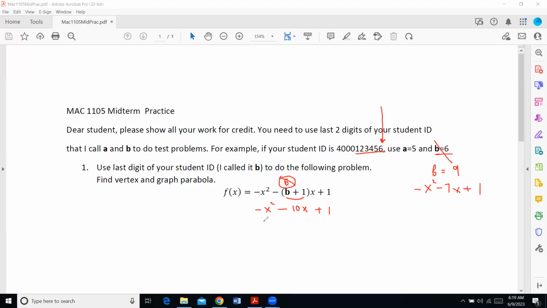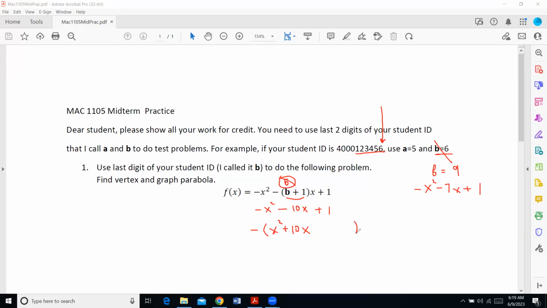So if you have an equation with a negative in front of x squared, then you need to take out this minus to prepare yourself to complete the square. So we're going to change the sign. Instead of minus 10, we'll have plus 10.